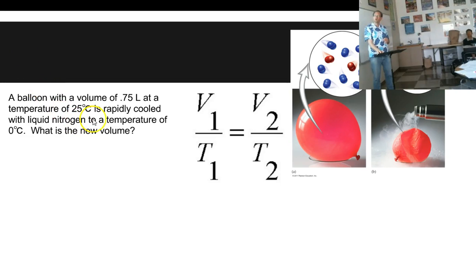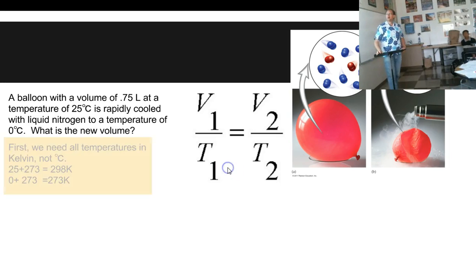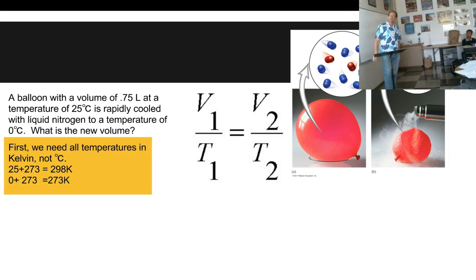First thing we've got to do is always, always, always, Charles' Law and any of these gas laws are worked in kelvins, not in Celsius or Fahrenheit. So if you get numbers in Celsius or Fahrenheit, you have to go to Kelvin, which you need to remember how to do from the depths of your past. Very simply, take any degree in Celsius, add 273, and you're in kelvins. So 25 degrees Celsius is 298 Kelvin. 0 degrees Celsius is 273 Kelvin.